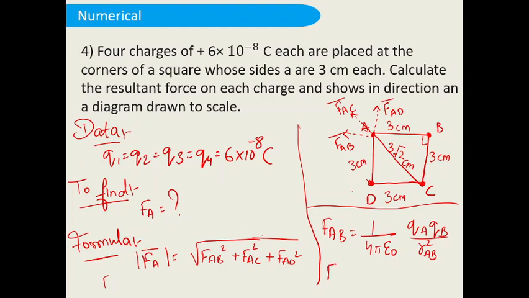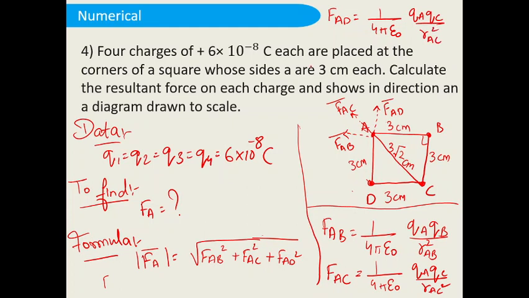Similarly, what will be the value of FAC? It will be equal to 1 upon 4 pi epsilon 0, QA QC divided by RAC square. Similarly, the value of FAD is equal to 1 upon 4 pi epsilon 0, QA QD divided by RAD square.